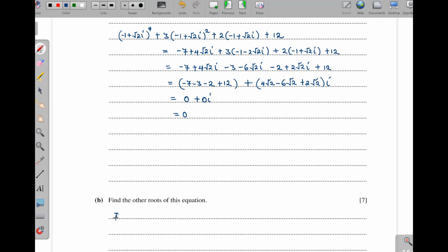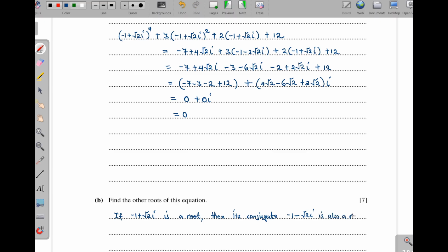So I can say if -1 plus root of 2i is a root, then its complex conjugate, which is -1 minus root of 2i, you just change the sign of the imaginary part, is also a root.